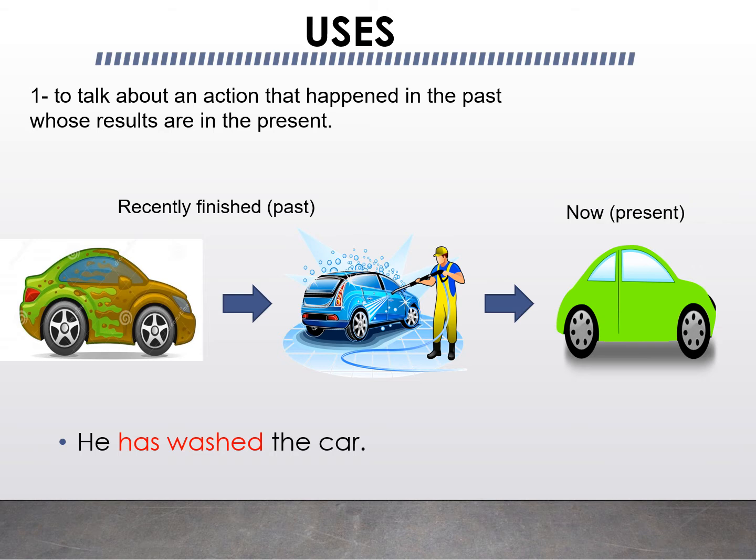So I have a result in the present, which is the car is clean. So that's why I said he has washed the car. I used has with verb 3. Because he is singular, I have used has. So, as I said, we are talking about an action that happened in the past and its results are obvious in the present. We can see that the car is clean now.